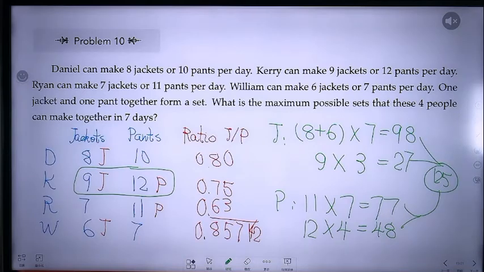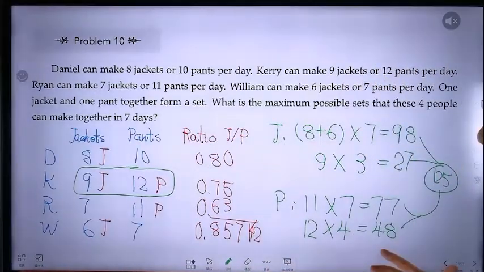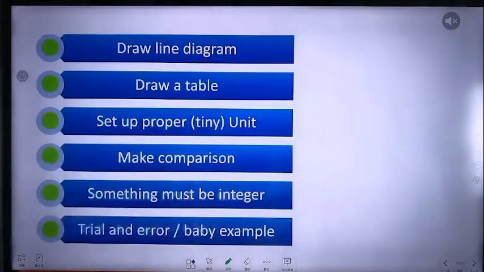All right, now we finish discussing our non-standard word problems, and hopefully you can learn some techniques, which I summarize here.